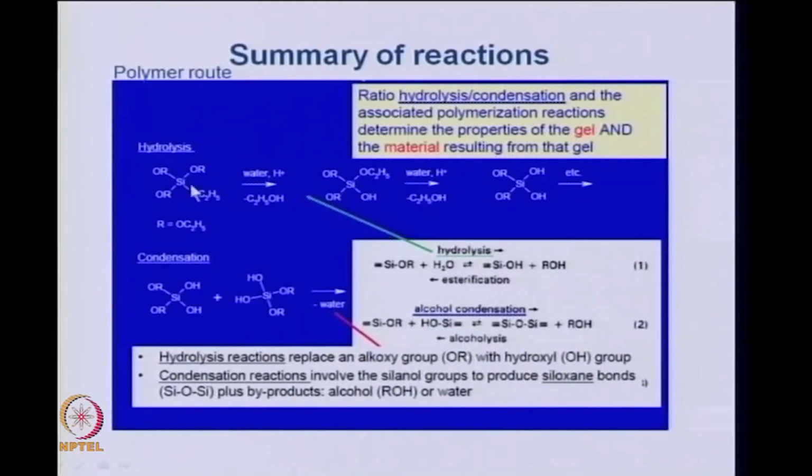So, this is tetraalkoxysilane, and on hydrolysis it loses alcohol, which you have to remove, and then you get this hydroxyl group here, and you further hydrolyze till you get all these hydroxyl groups, which can then undergo condensation, polymerization, and finally yield these Si-O-Si linked structures.